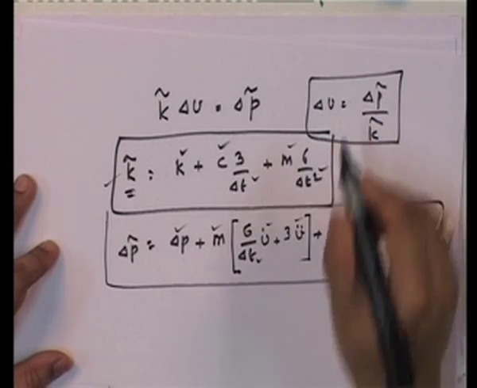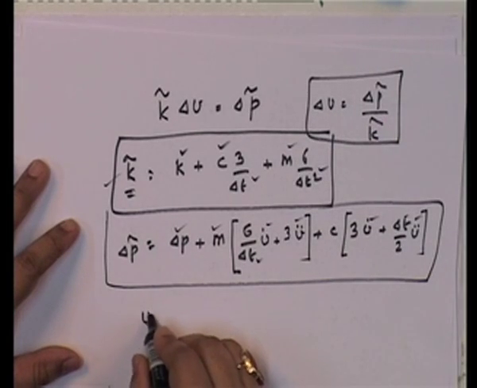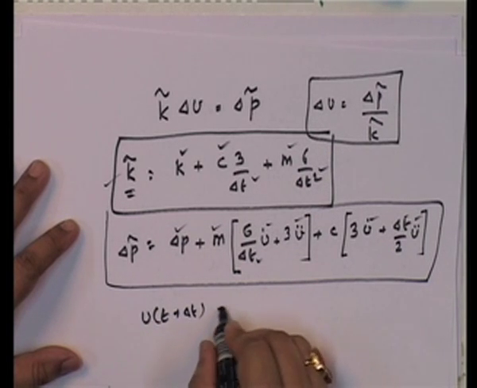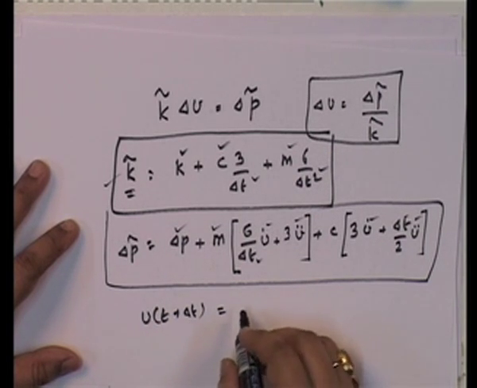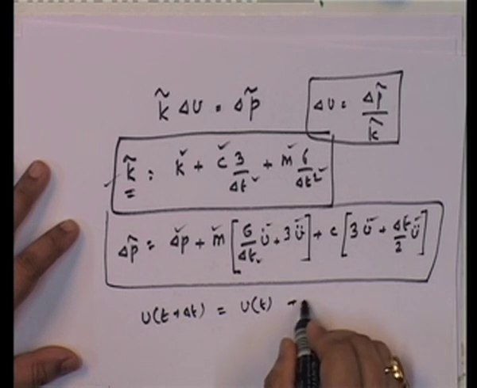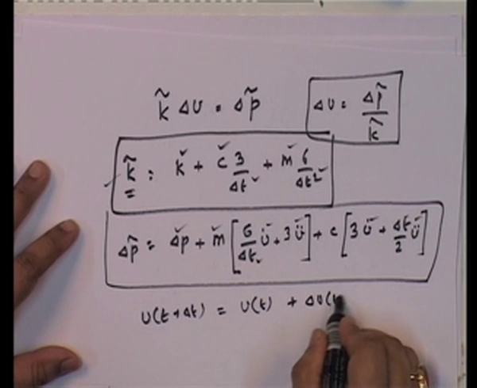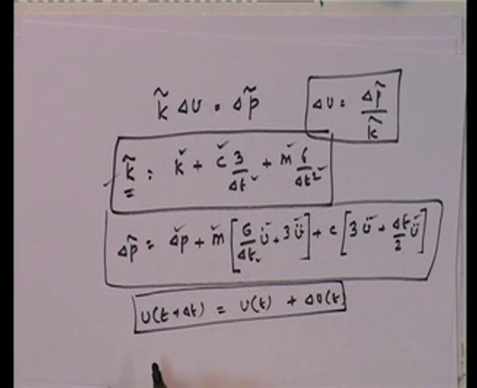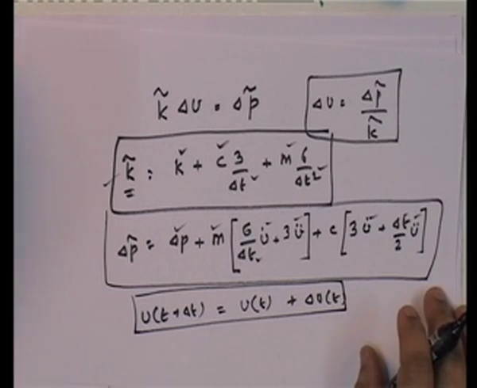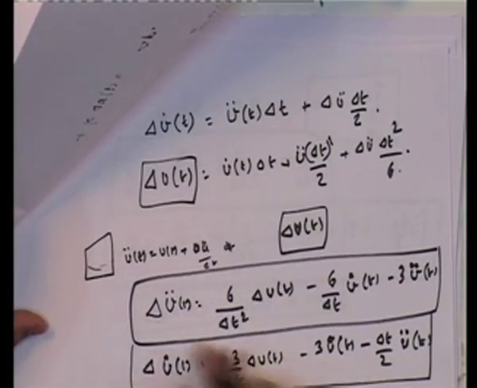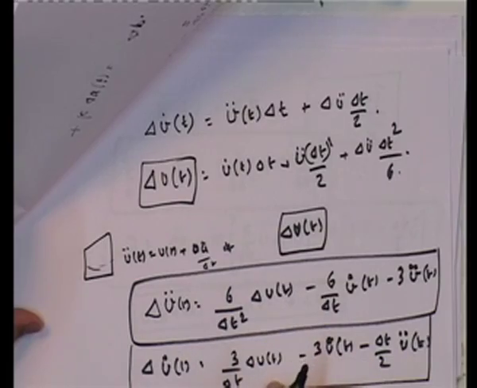And once you know delta v, understand that v of t plus delta tau is equal to what? Is equal to v of t, which you know, plus delta v of t. Okay. Now, you've already got the expression for delta v dot and delta v double dot when you know delta v.